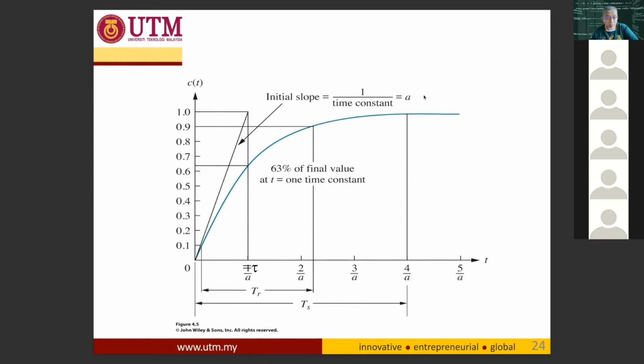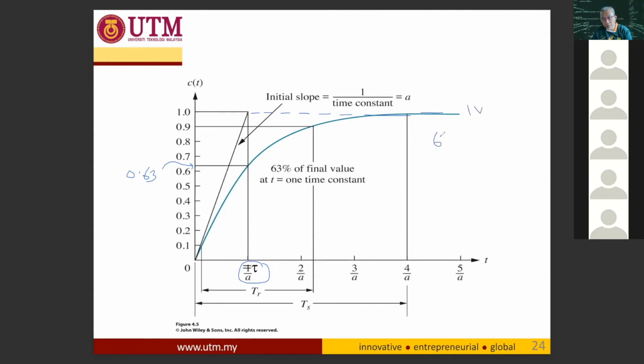The time constant is represented by tau, which is equal to 1 over A, and it happens here at 0.63, or 63% of the steady state output. The steady state output is here, which is equal to 1 volt.